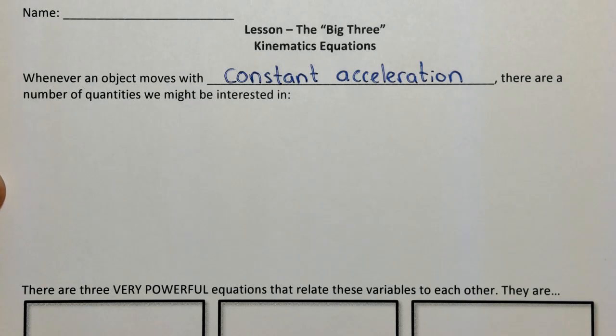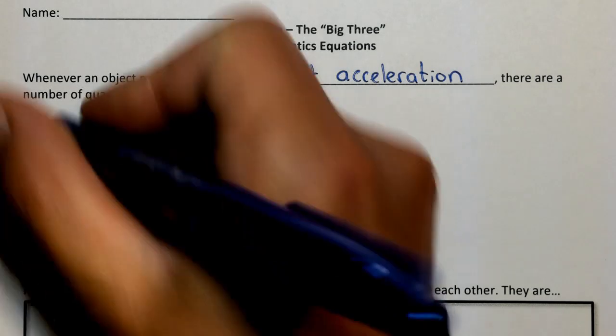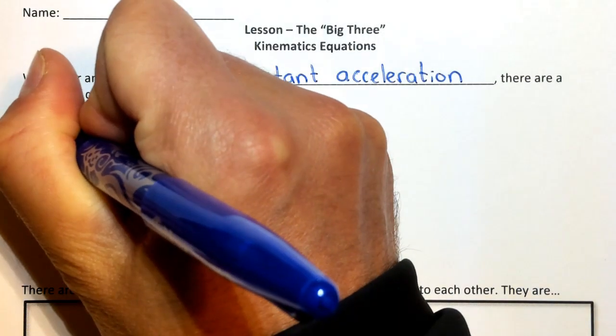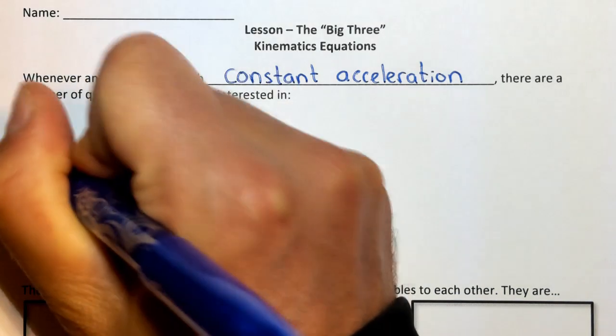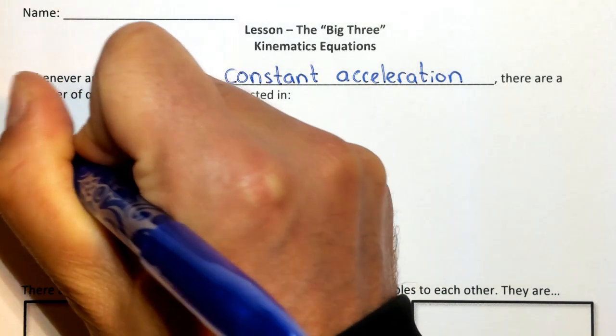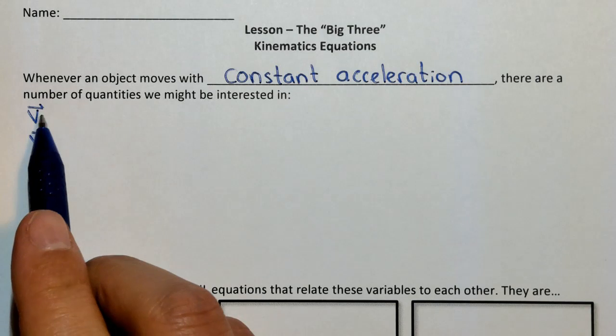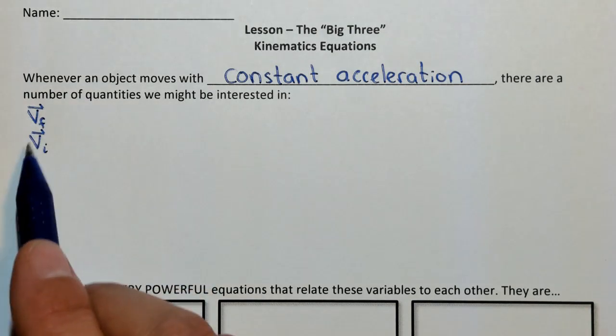So when an object has constant acceleration, there are a few things we might ask about that object. I've already talked about how the velocity will be changing, so we might ask, what was its velocity to begin with? And what is its velocity now? We could call those VF and VI, the final velocity and the initial velocity.